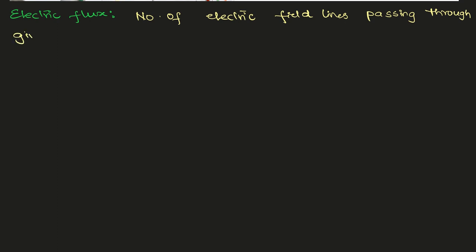As we already defined electric field lines, the number of electric field lines passing through a given cross sectional area, we'll call that electric flux.